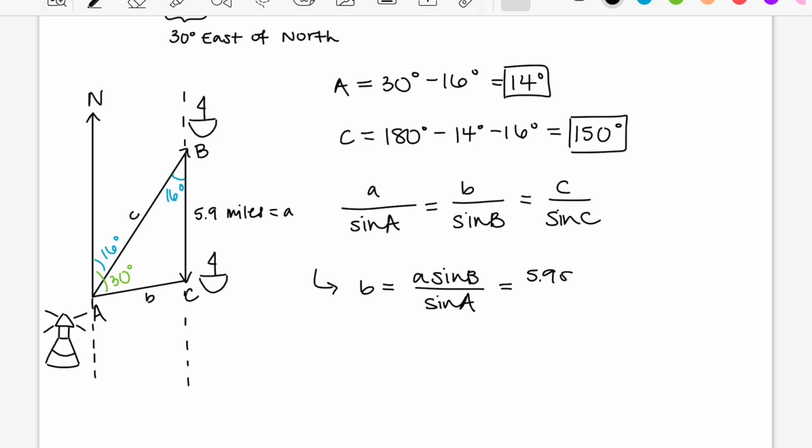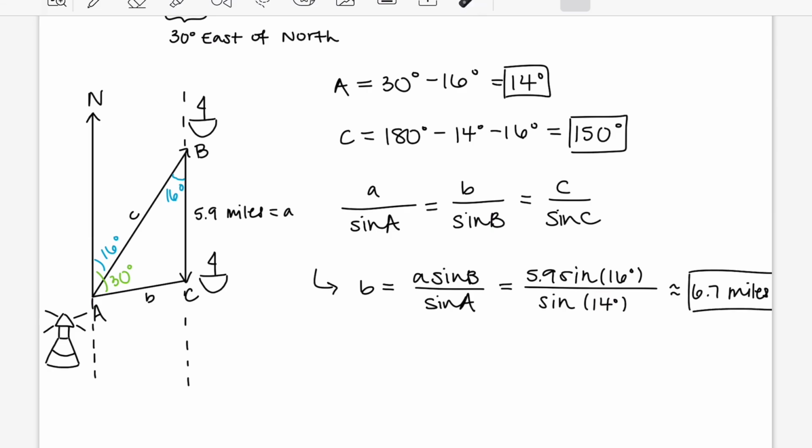Our sine of B is going to be sine of 16 degrees. And then our sine of A will be sine of 14 degrees. Now plugging this into our calculator, we'll get that this is approximately 6.7 miles. So this is going to be the distance between the lighthouse and our ship at this second location here.